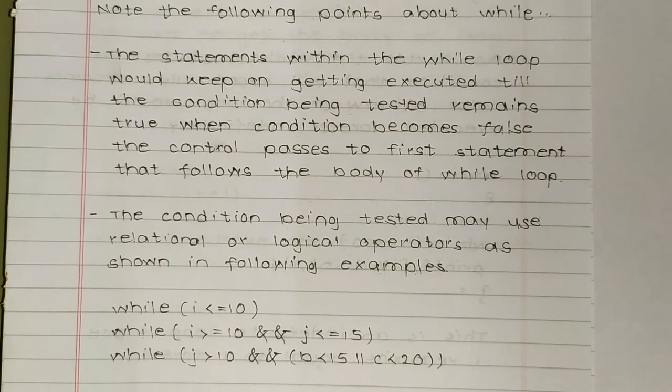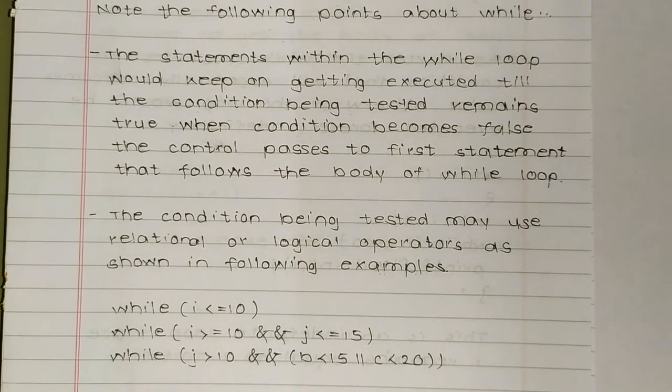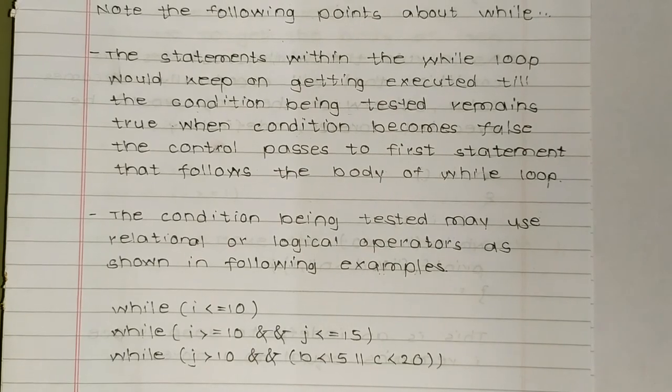That means up to 3, up to 4, up to 5 times, while the condition remains true. When the condition becomes false, it ends.